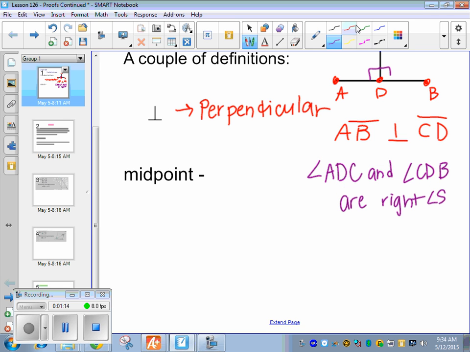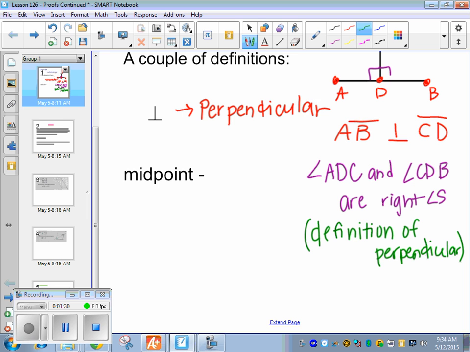And our reason for this would be definition of perpendicular. All right, so that's a new one we can use now, definition of perpendicular, so we can get right angles, which is going to help us get right triangles.